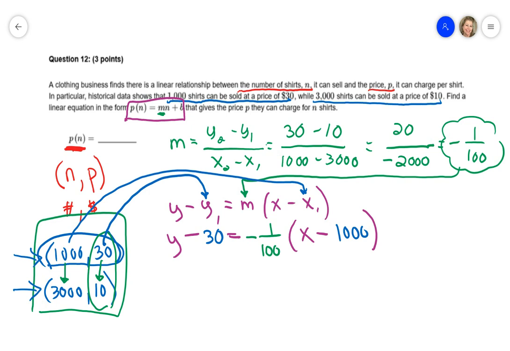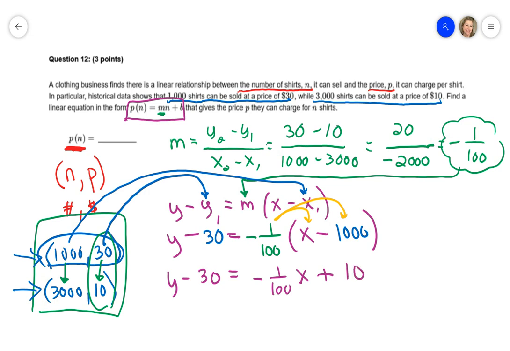And once you plug in all the unknowns, you can solve this for y. I'd copy the left side of the equation because nothing happens there. And then I'm going to distribute the negative 1 over 100. When I do that, I get negative 1 over 100x. A minus times a minus is a positive, so it becomes a plus. And 1,000 divided by 100 is 10.